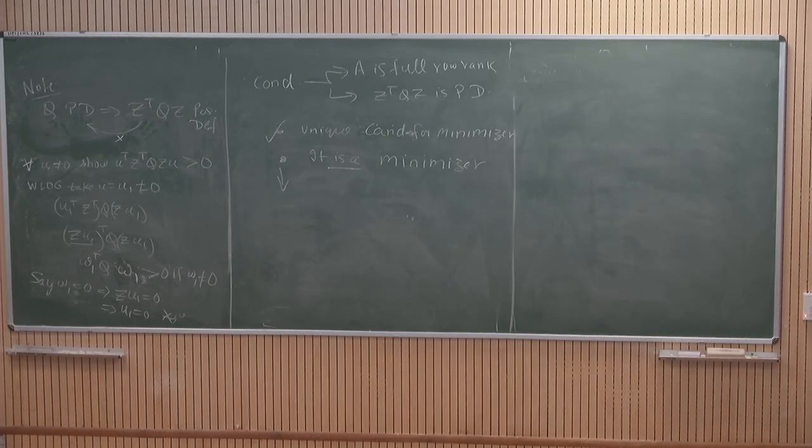Yeah, the Hessian of the Lagrangian with respect to x is positive definite over the null space of the Jacobian of constraints. So now try to satisfy it. What is the null space of the Jacobian of constraints?